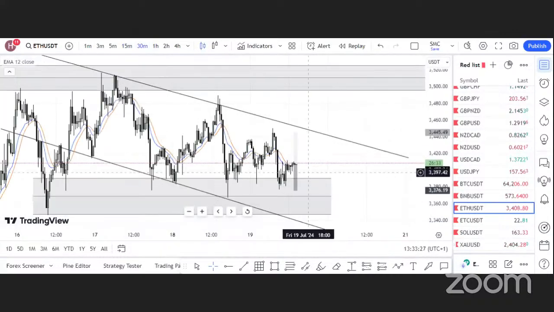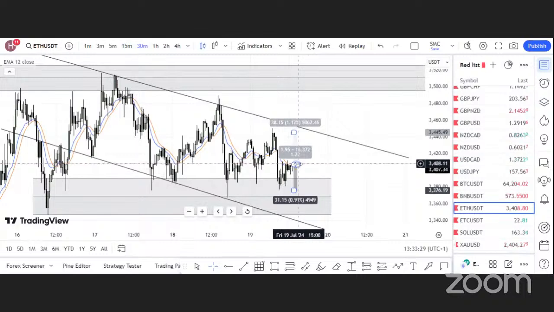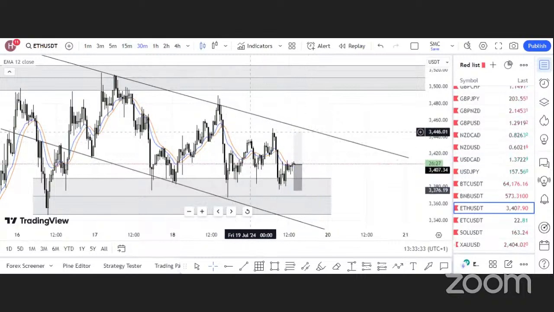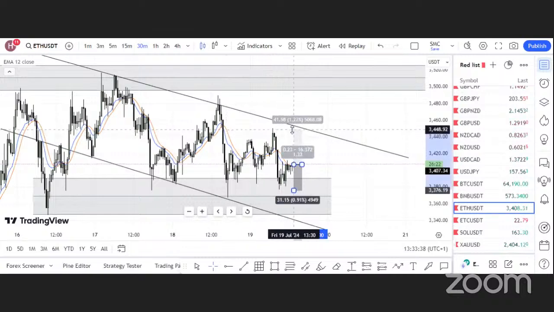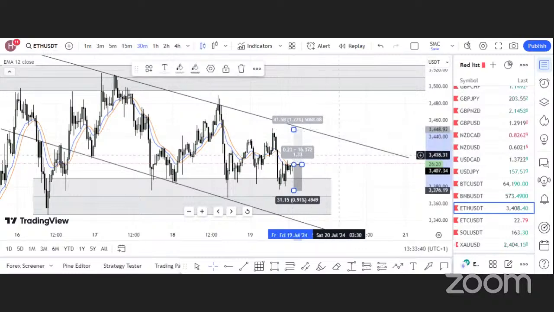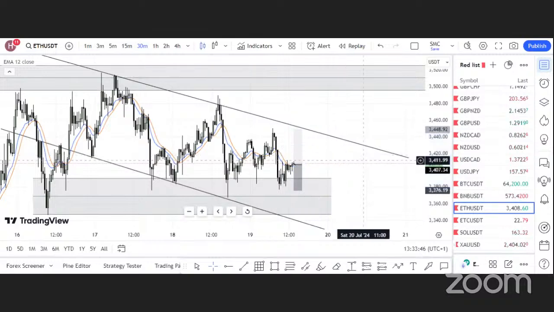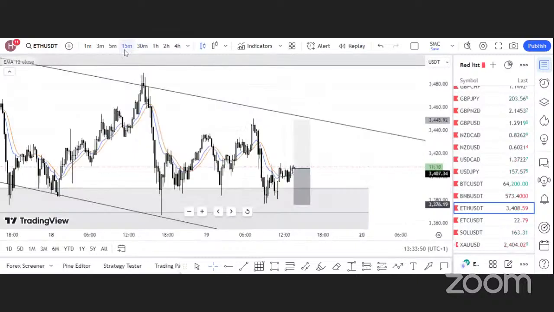So instead, I'll wait for the market to actually finish making its move. And once I see that the market is on either a support or a resistance level, that is when I want to open my own position. All right. So I'm going to leave this analysis and wait for the market to make a proper retest.